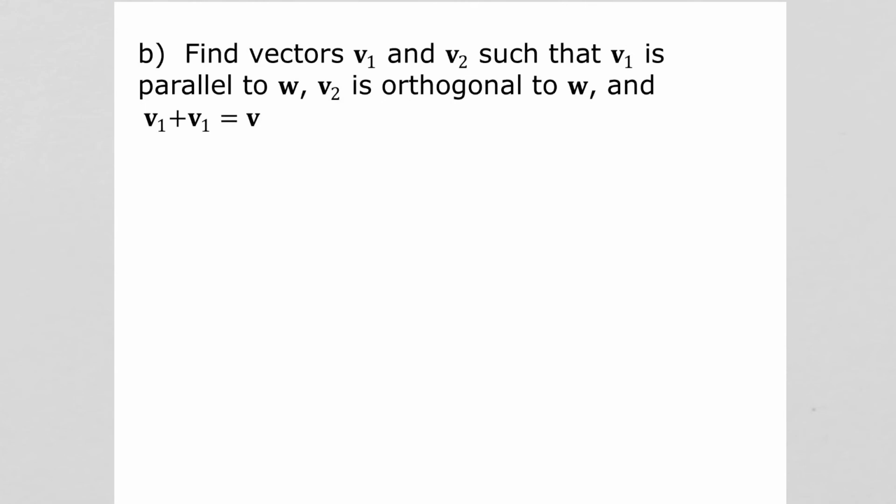Part B says find V sub 1 and V sub 2 such that V sub 1 is parallel to W, V sub 2 is orthogonal to W, and V sub 1 plus V sub 2 equals V. We have to change that later.